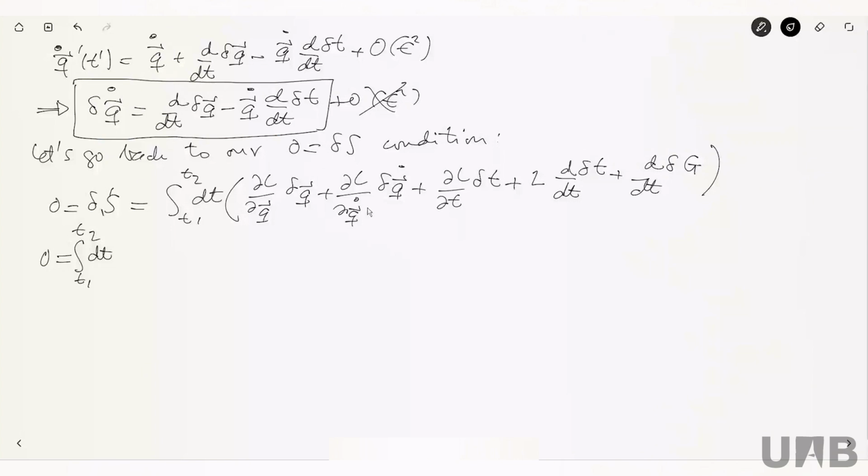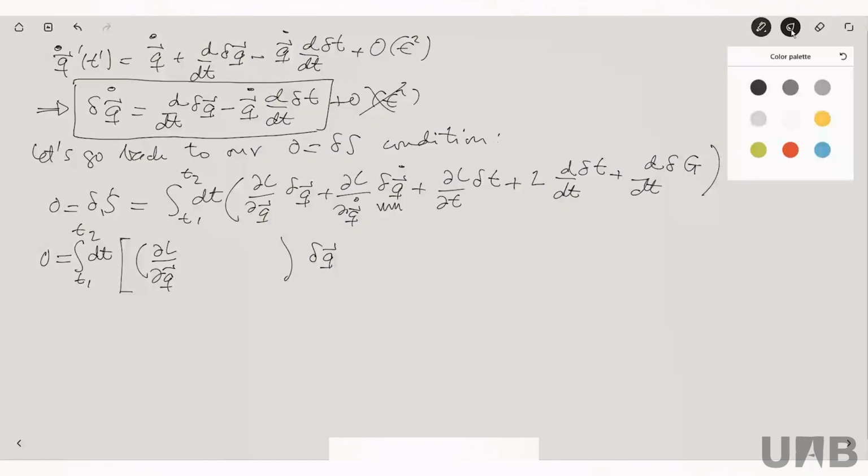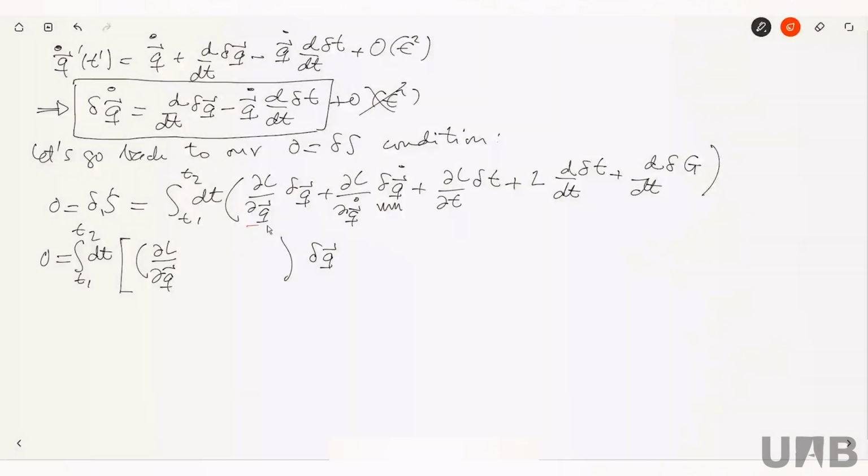This, I'm going to use it here, okay? And so that means that I have the integral dt, and then I have the derivative of L with respect to q. That's the first term, and this is going to be multiplied by delta q. This is clear. So this term is this term with the delta q and everything.